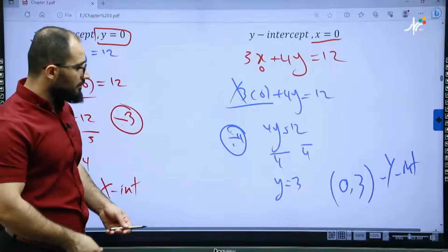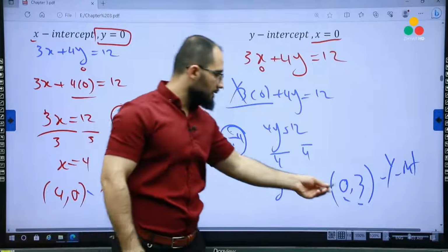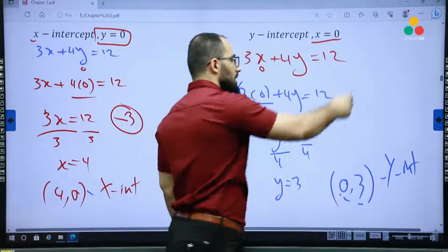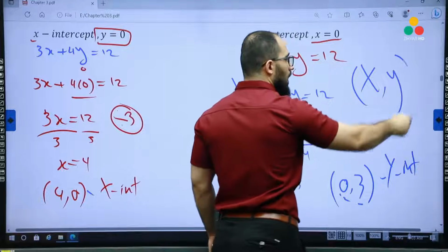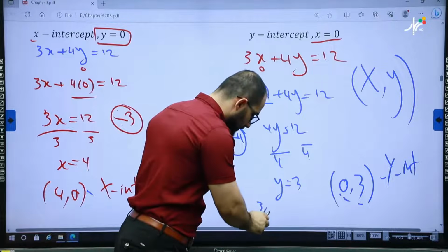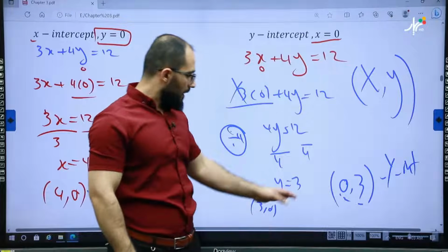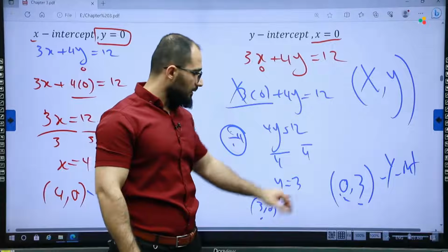But there is a really important note. Please do not mix the place of x and y. Here I wrote 0 and y. You know that the first place is for x and the second place is for y. Be careful. If you write 3, 0 here, it's not the y-intercept, it's the x-intercept.